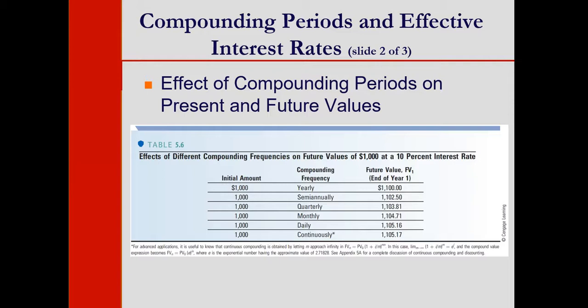For you it was $110 after 1 year, whereas for your friend it was $110.25, because the compounding was more frequent for your friend. Your friend was getting a chance to earn interest on interest as well. So the more frequent the compounding is, the higher would be the future value.